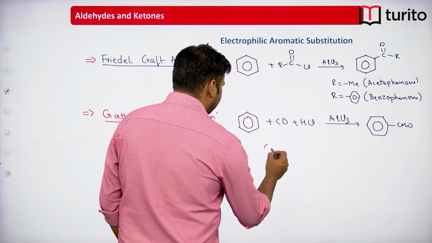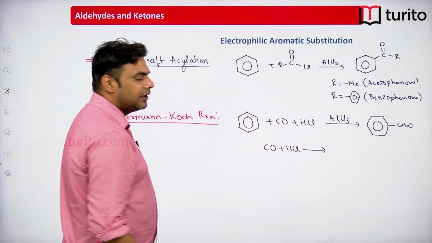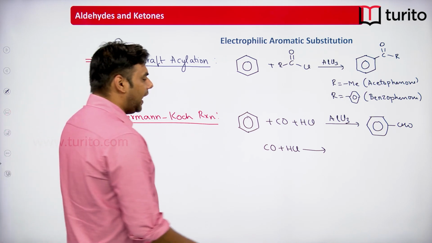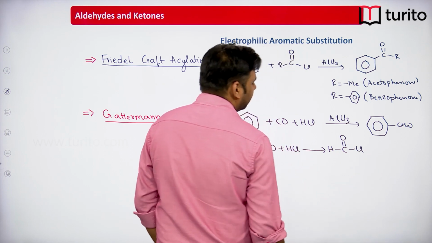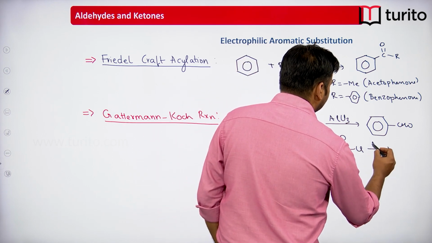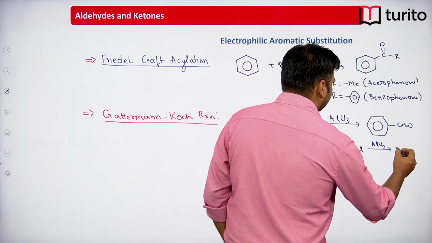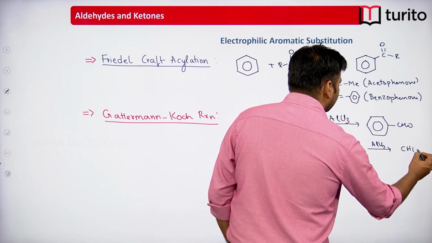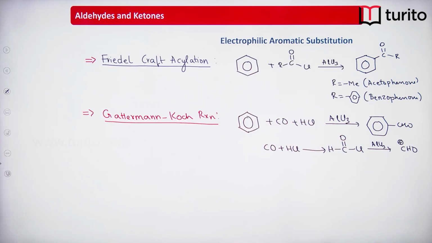What happens exactly in this reaction is, CO first reacts with HCl and generates formyl chloride. Formyl chloride upon reaction with AlCl3, AlCl3 basically abstracts the chloride ion, and it forms a formyl cation. Benzene attacks the formyl cation and we get benzaldehyde as the product.